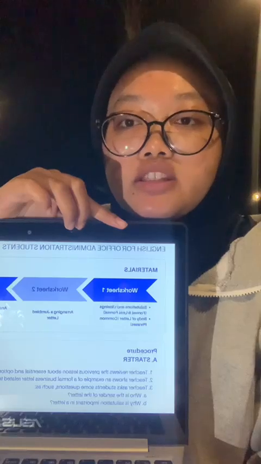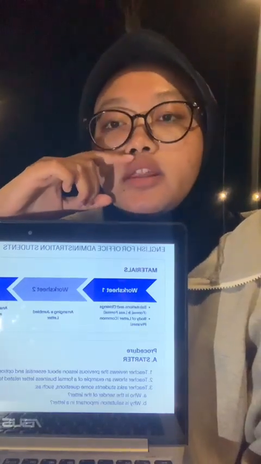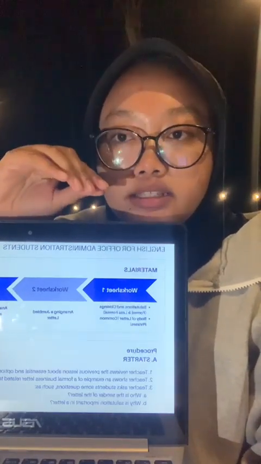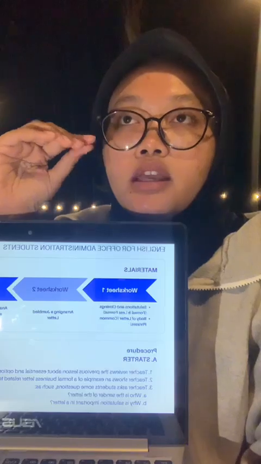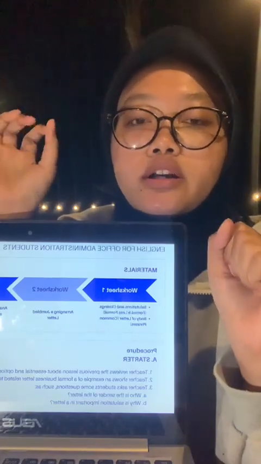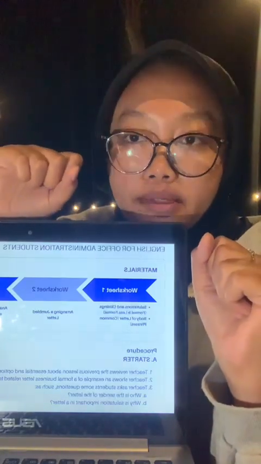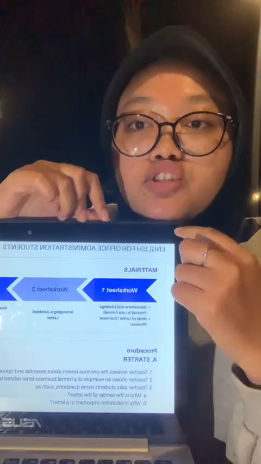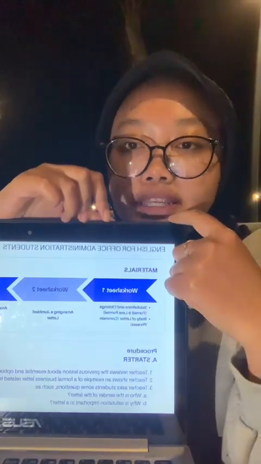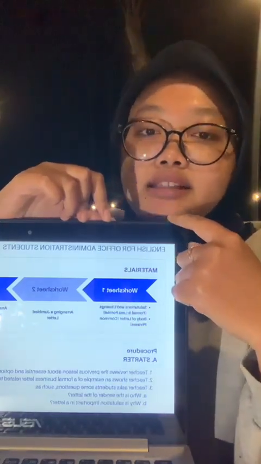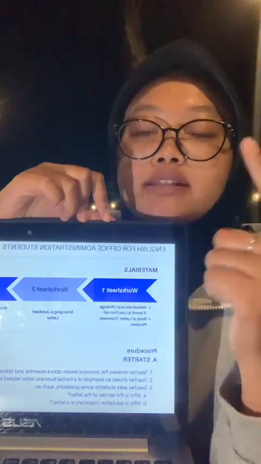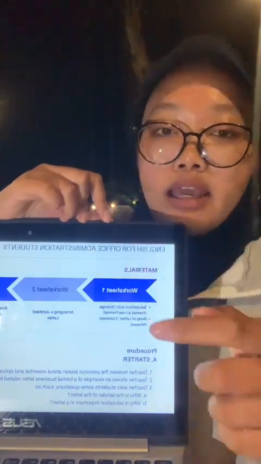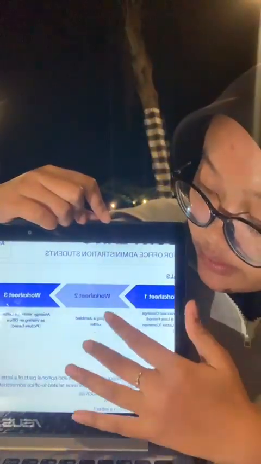Students will match the correct salutation with the correct closing: is it formal with formal, or less formal with less formal? In this worksheet, students also learn common phrases in the body of the letter, such as reference, purposes, and closing statements.